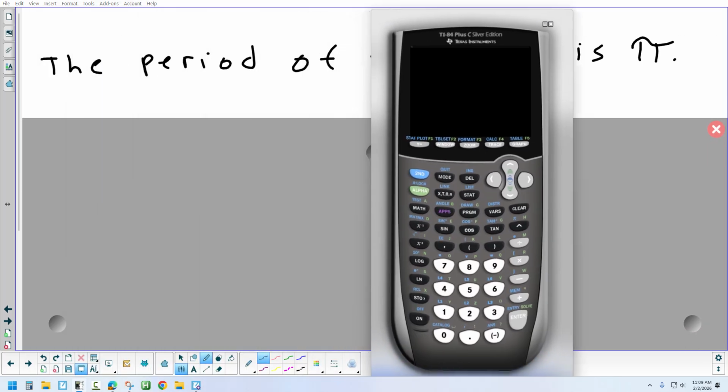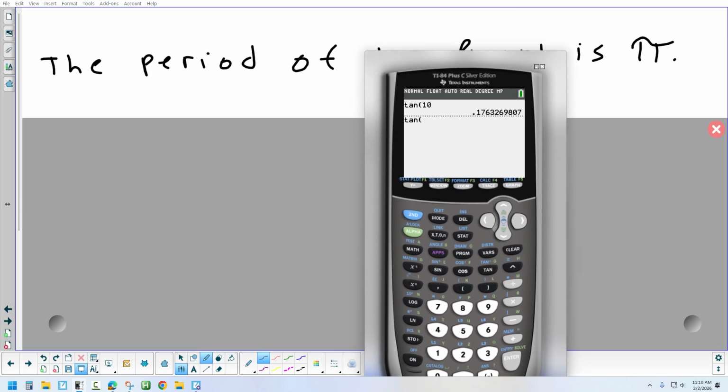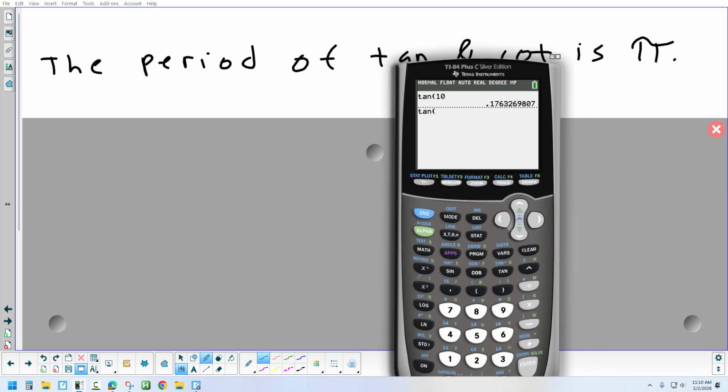So that means let's try something in degrees. I can do radians, but I'm going to do degrees. Let's take the tangent of 10. You get that number. Because the cycle is 180 degrees, what else could I take the tangent of and it would come out exactly the same?